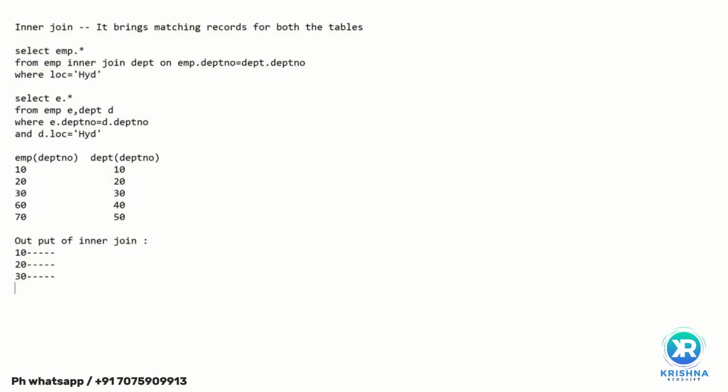Okay, so now left outer. Left outer means it brings matching records from both the tables plus remaining records from left table.